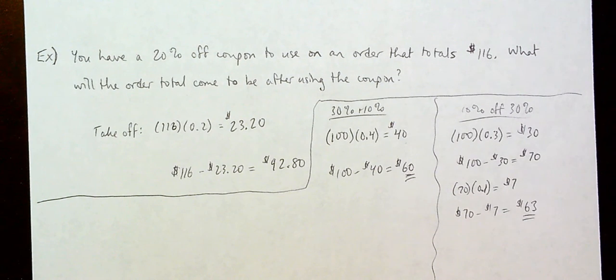So as I got older and I gained some more common sense in the world of math and a greater understanding of how the world works, I learned that, okay, they are going to do it this way here.